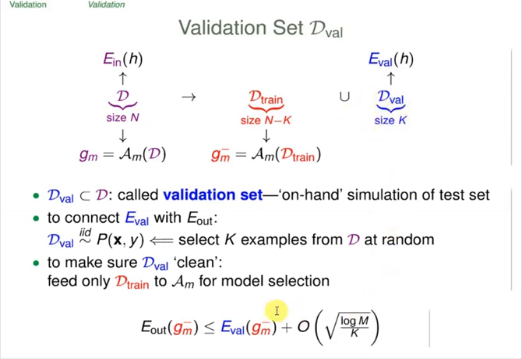Now the task is, in order to generalize well, to minimize both E-validation and the complexity term. Okay, so that is our new goal.